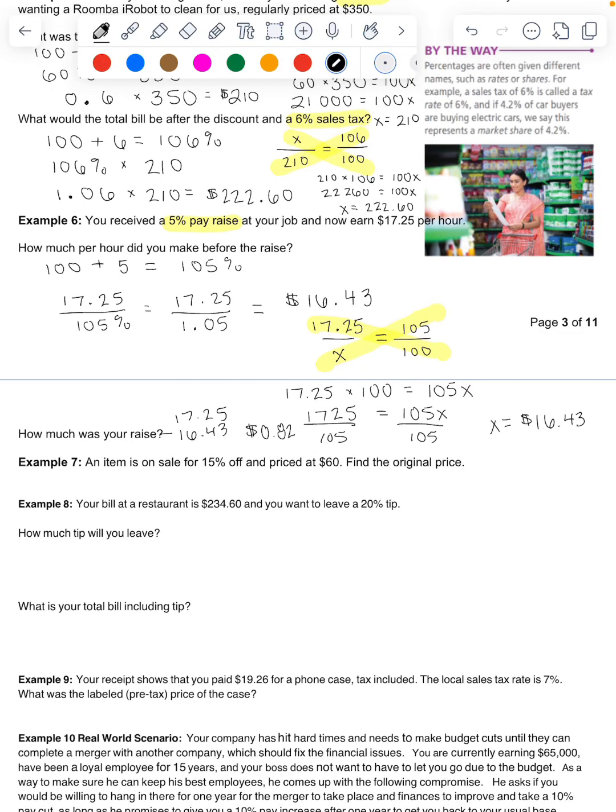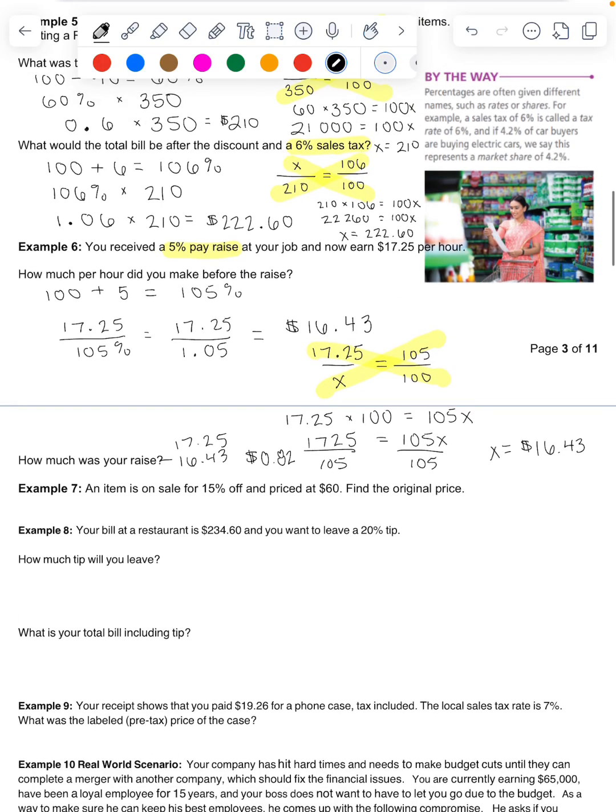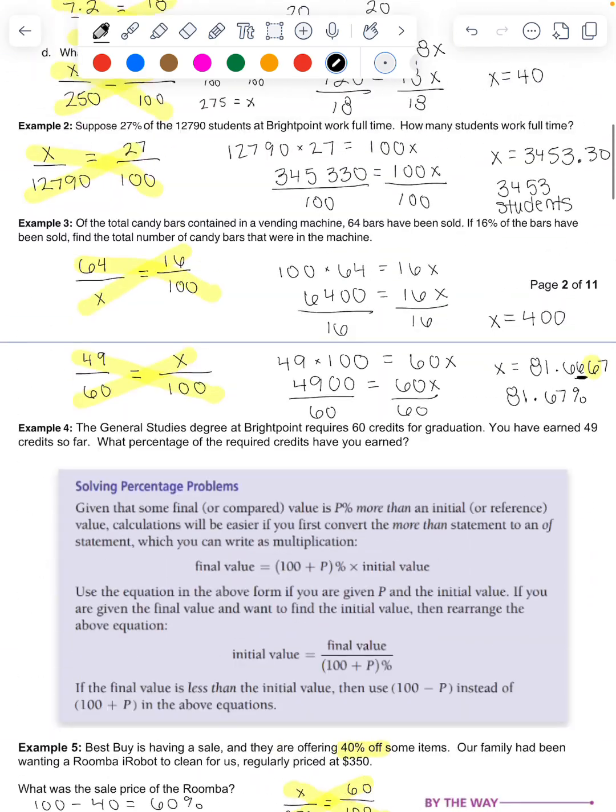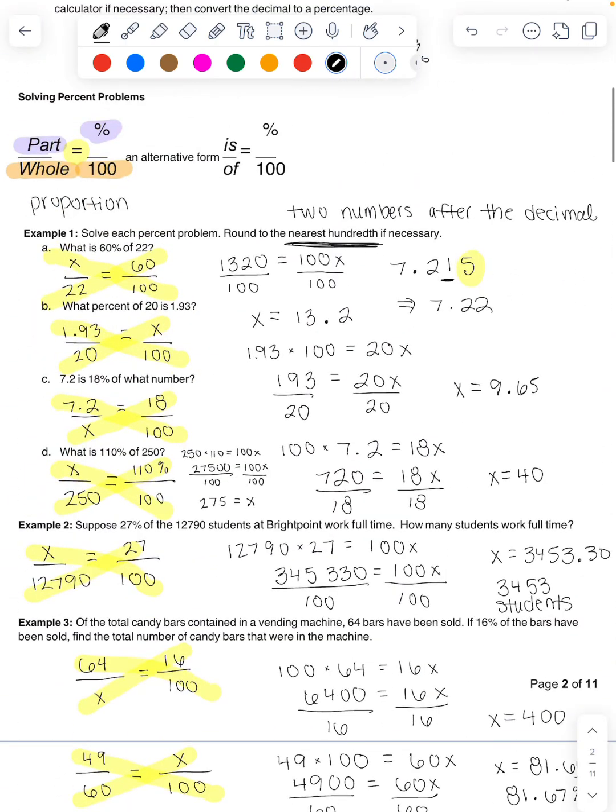Before we do example 7, I just want to comment on a small mistake I made earlier up here. I said that it didn't really matter if I put the percent symbol or not. I really should not have it there because then I'm saying 110% in here, which would be 110 divided by 100, and then I'm dividing by 100 again.